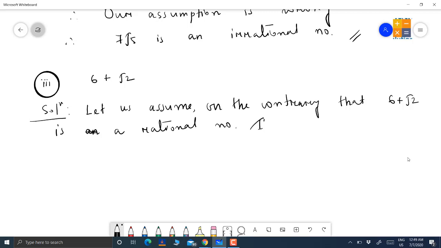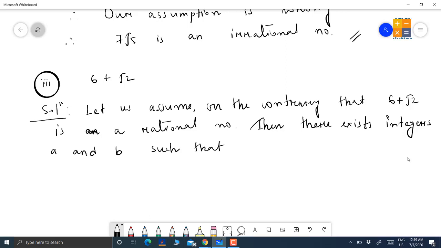Then there exist integers a and b, which we can use for writing a rational number, where b is not equal to 0.